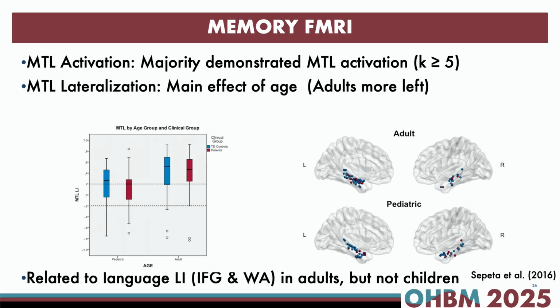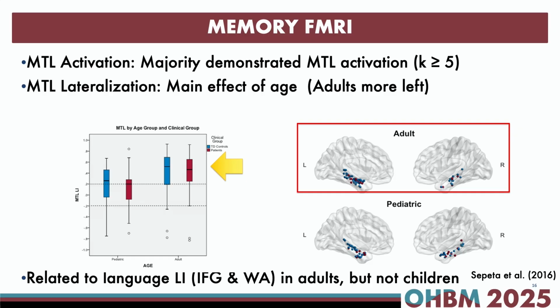And what we found is that the majority of individuals did show MTL activation, so here I'm saying hippocampal and parahippocampal activation in this language task, but what was the most interesting to me is that there was a main effect of age, such that adults were more left, and you could see that both in terms of their mean LI, so this is the adult group here, remember more positive LI is more left from what Chris said, but also in terms of their peak voxels, so more peaks on the left than the right.